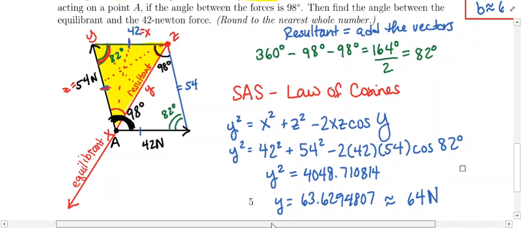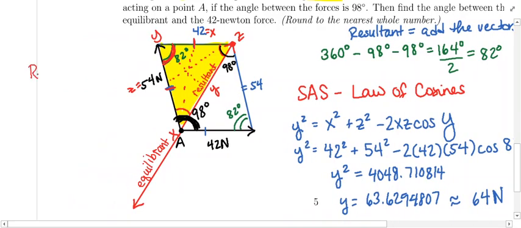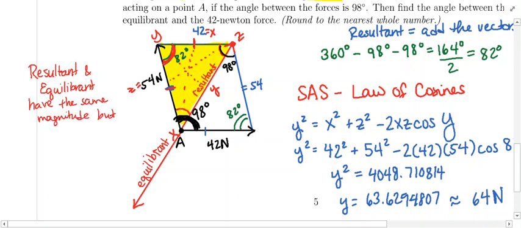So, and I'll write this here, the resultant and the equilibrium have the same magnitude but opposite directions.